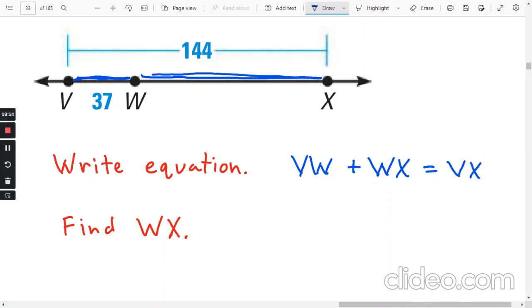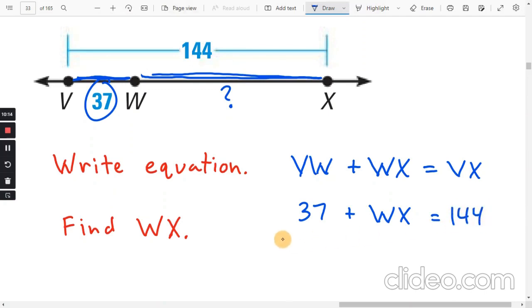Okay, and now I can plug in the numbers. I can see VW is 37. WX we don't have. Okay, that's this piece right here. And the whole thing, VX, is 144.